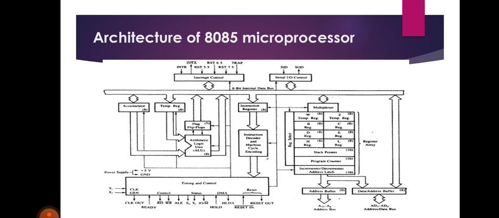So it is used for communication purposes. Whereas the data bus is referred to as AD, the address data bus, and A represents the address bus. From A8 to A15 it acts as the address bus.